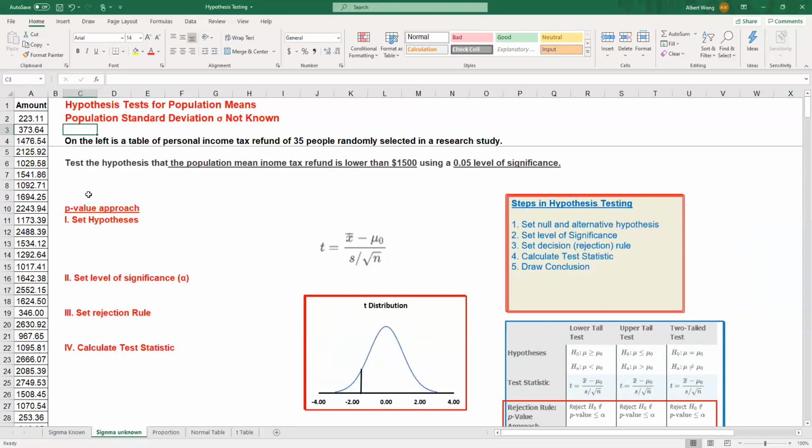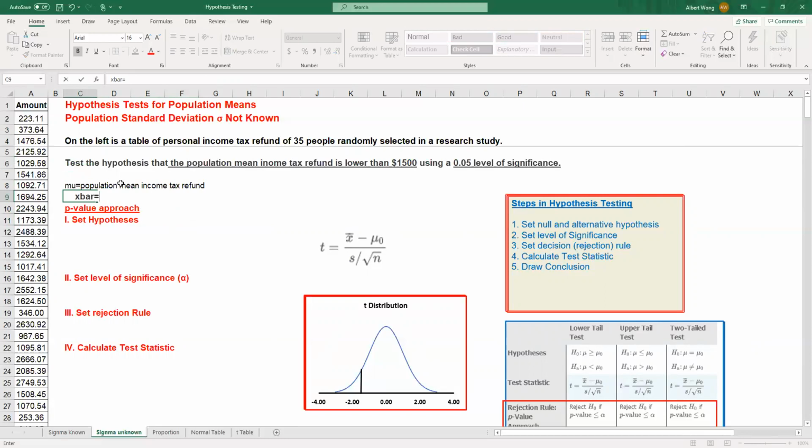Because we want to test the mean, mu is the population mean income tax refund. What we need to do is calculate the sample mean, the sample standard deviation, and the sample size. So let's just do that.